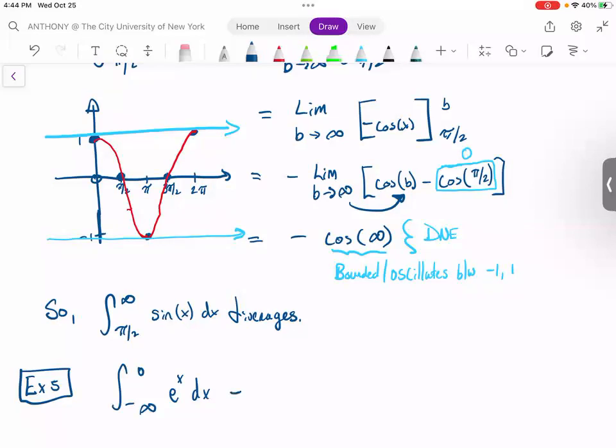This will be the limit now as a approaches -infinity, from a to 0 of e to the x dx.